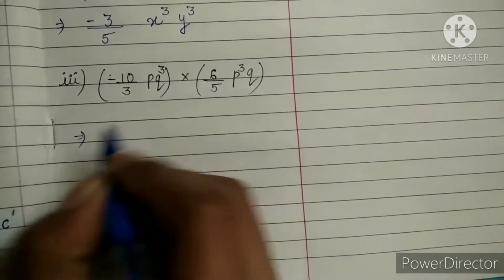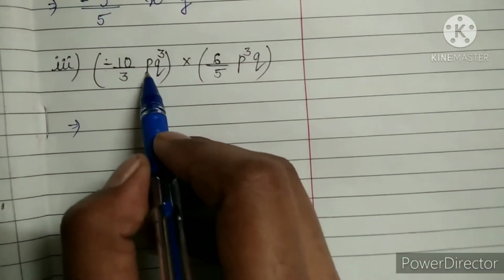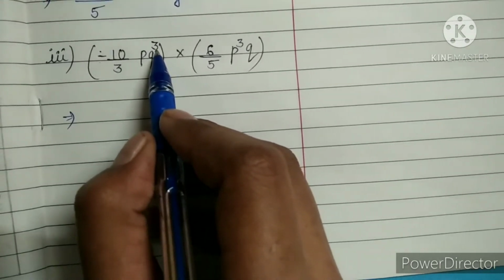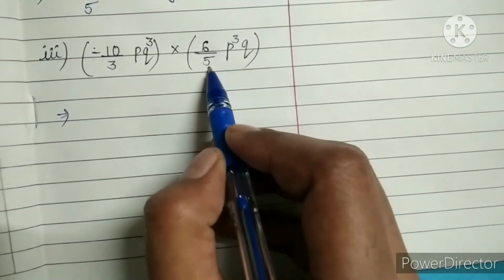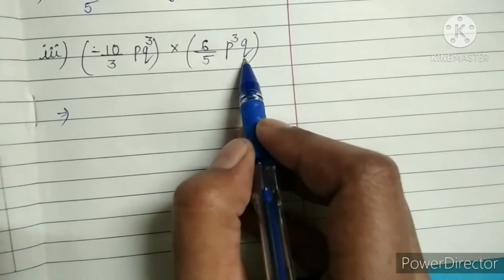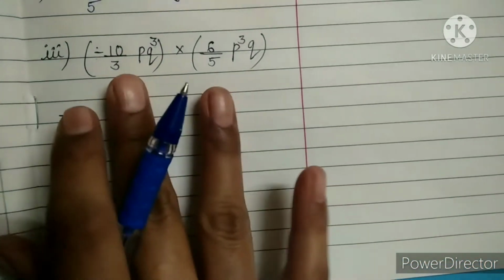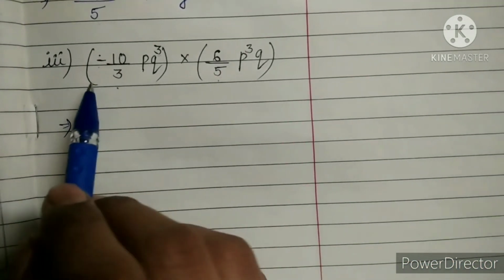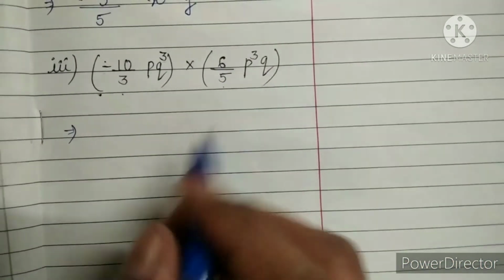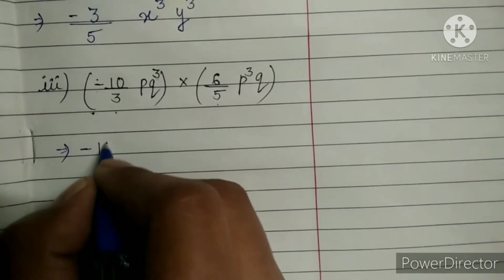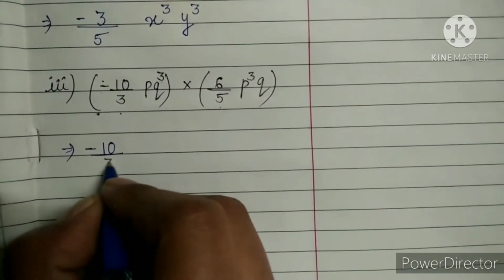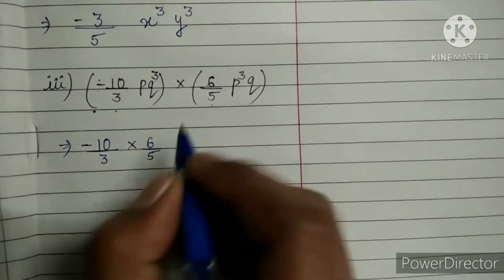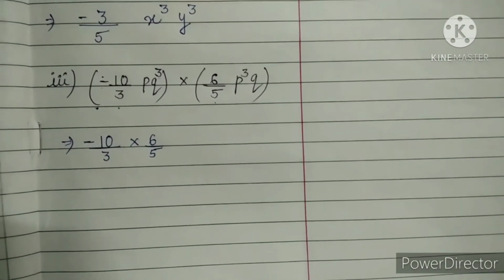Third is minus 10 by 3 pq cube multiplied by 6 by 5 p cube q. Now in between both terms we have a multiplication symbol, so we combine numerical coefficient with numerical coefficient, and variable with variable. We take out minus 10 by 3 from the first and 6 by 5 from the second, with a multiplication symbol.